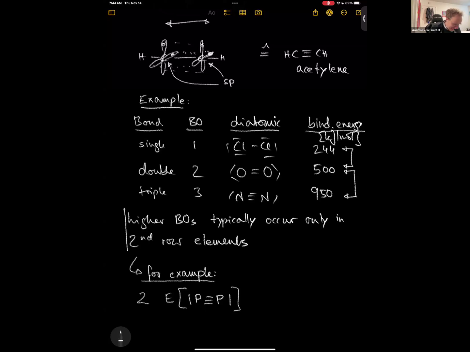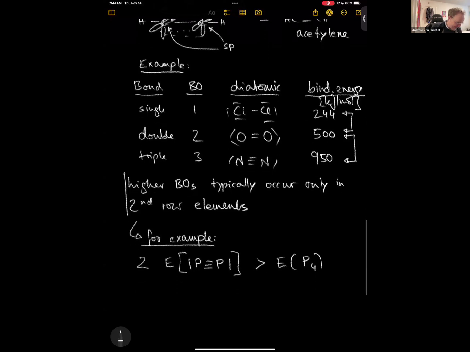If you look at 2 times the energy of this, you will find that the energy will be above the energy of a molecule that combines all 4 atoms, right?